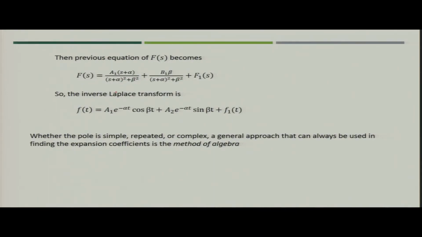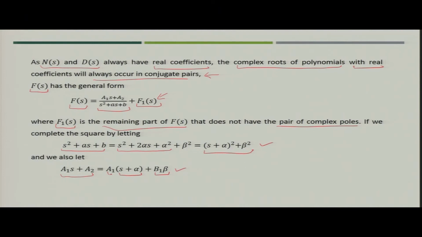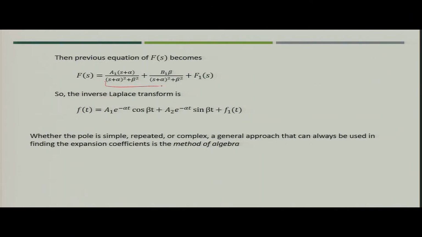You can simply represent the function F(s) as a1 (s plus alpha) upon (s plus alpha) square plus beta square, plus b1 beta upon (s plus alpha) square plus beta square, and then the rest of the terms which do not have complex poles.